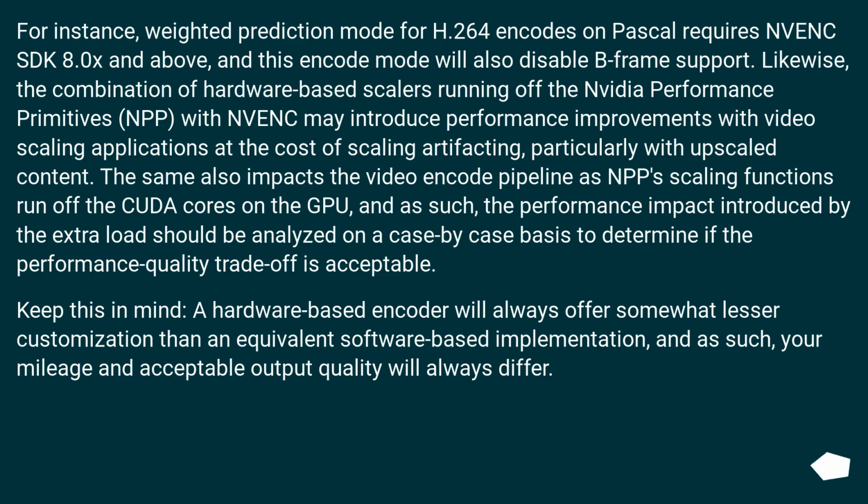The same also impacts the video encode pipeline as NPP's scaling functions run off the CUDA cores on the GPU, and as such, the performance impact introduced by the extra load should be analyzed on a case-by-case basis to determine if the performance quality trade-off is acceptable. Keep this in mind, a hardware-based encoder will always offer somewhat lesser customization than an equivalent software-based implementation, and as such, your mileage and acceptable output quality will always differ.